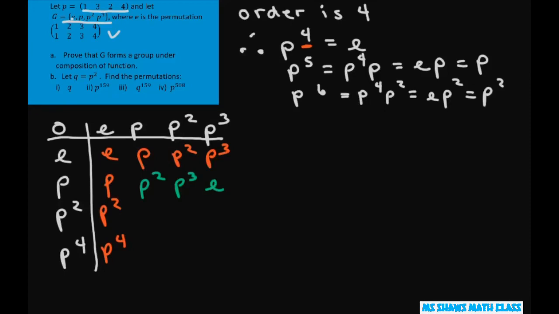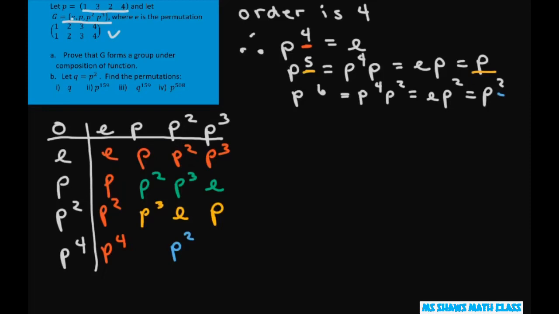All right, the next one, we get P cubed. P to the 4th is E. And P to the 5th is back to P. And then the last one, this is P to the 5th, which is just P. P to the 6th is P squared. And then this is E, sorry.